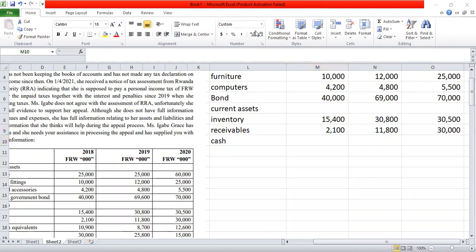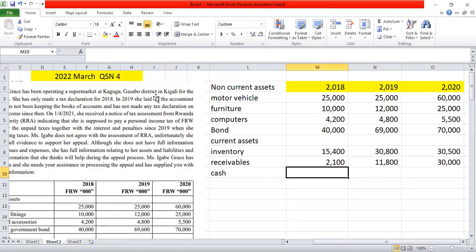Is it November? No, I think I wrote it there. 2022 March? No, it's November, sorry. I think I made a mistake. It's November 2021.